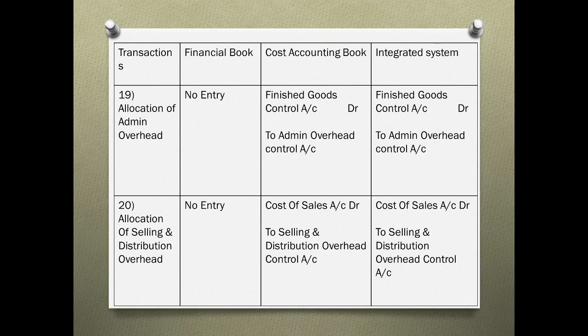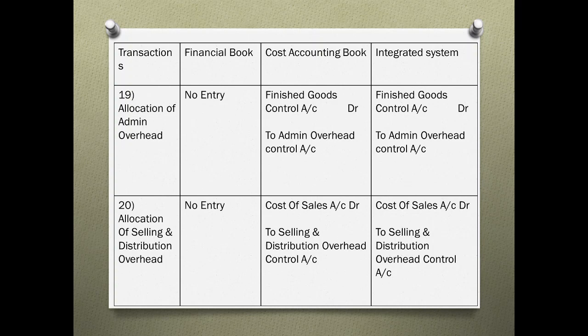Again remember the cost sheet or the chart which I have just introduced at the beginning of my PPT. Admin overhead gets transferred to which account? It gets transferred to finished goods. So finished goods account debit, and it's going out from admin, so admin overhead would be credited. Combination of these two would be my integrated entry.